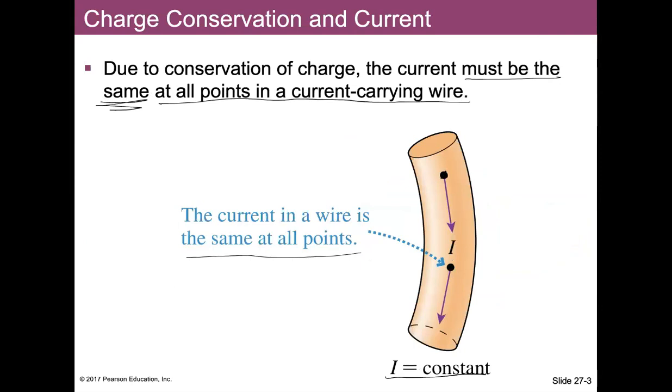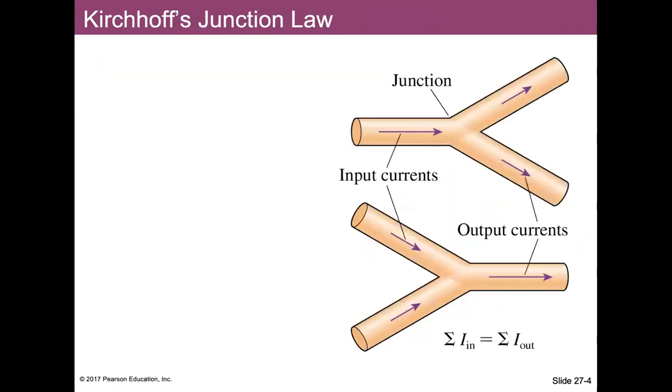That's great for a single wire, but this can be very helpful when we get into a circuit. So let's look now at what happens if we have a wire that then breaks into two different pieces. We have a wire here, and then we have a junction, and we have two different wires coming out in this direction. This is our input current, and these are output currents.